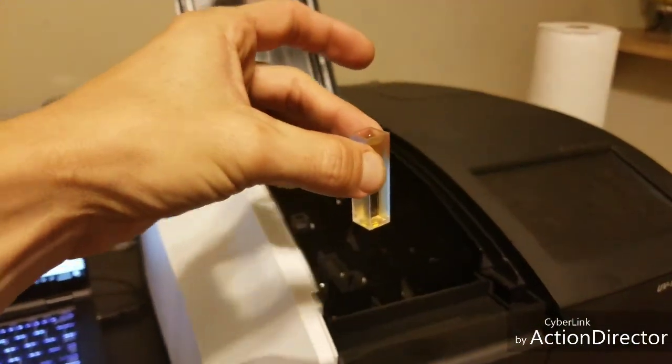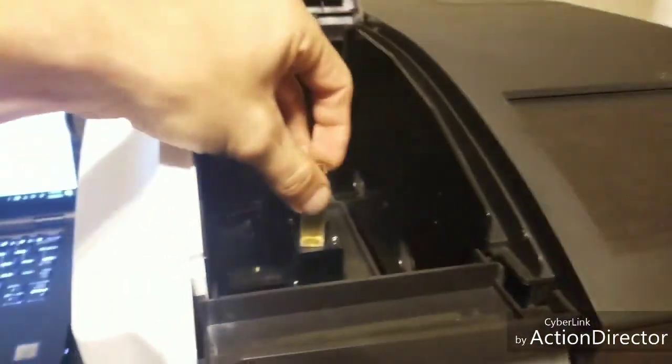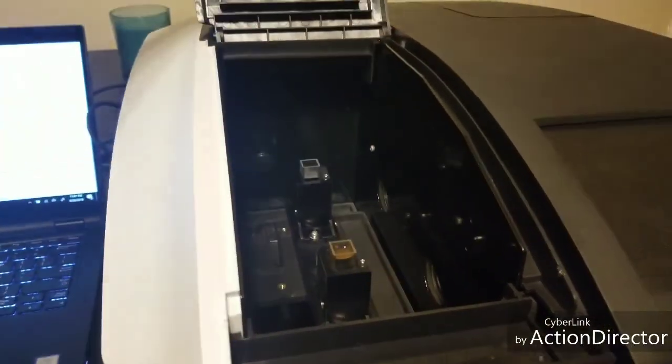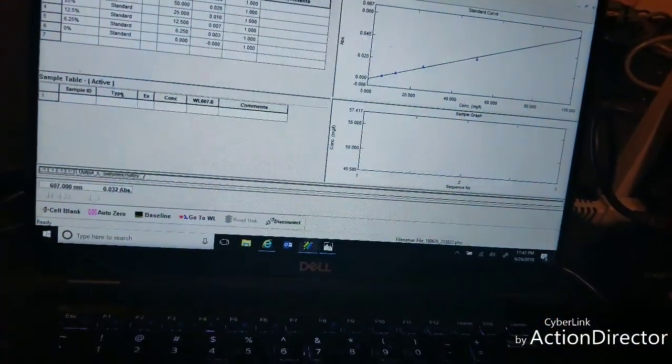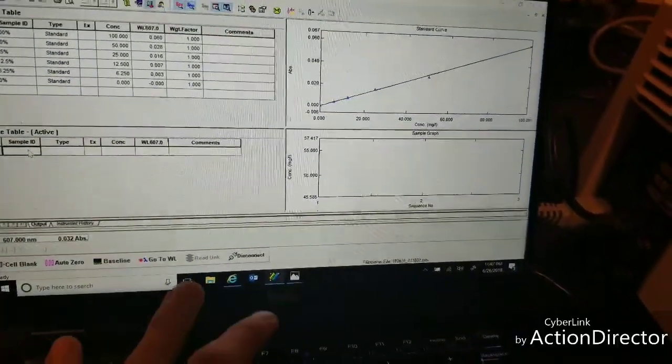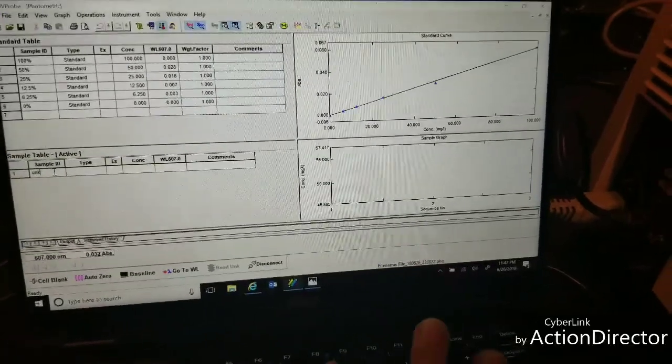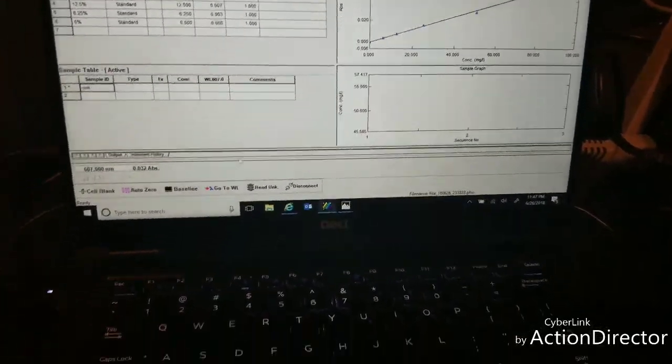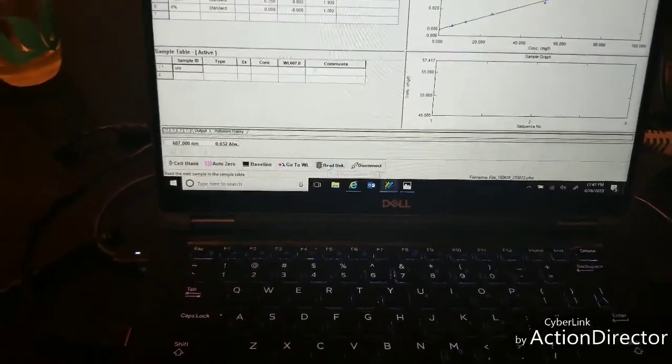Take this sample that we just made, and I'm going to stick it inside the spec, close the lid, and hit start. Call it unknown, and hit start and see what we get.